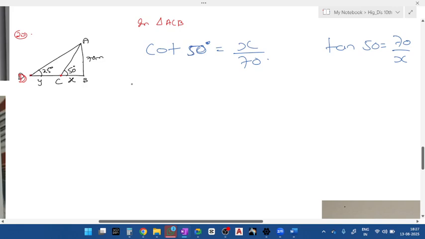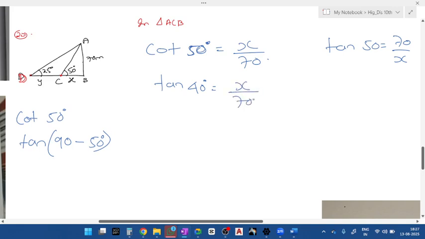Reciprocal or complementary? We use complementary. Can you tell me the complementary of cot 50? The complementary of cot is tan. 90 minus 50. What is 90 minus 50? Tan 40. Is this clear?